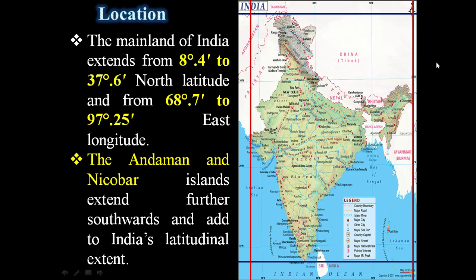And then the Andaman and Nicobar Islands. Exactly as you are seeing in the map, the cursor identifies the Andaman and Nicobar Islands. They extend further southwards and add to India's latitudinal extent. That means, not only the blue part, which I told starts at 8 degree 4 minutes, but the Andaman and Nicobar Islands extend towards the south of India.